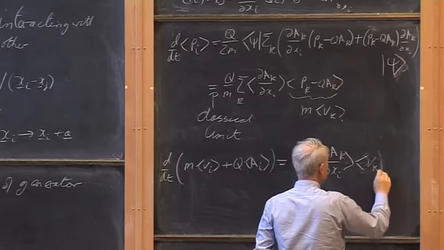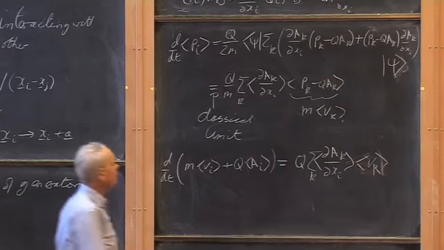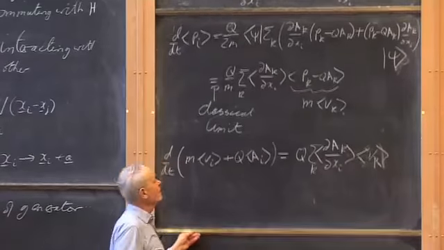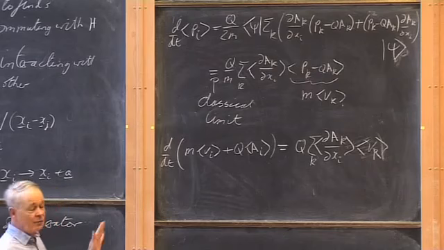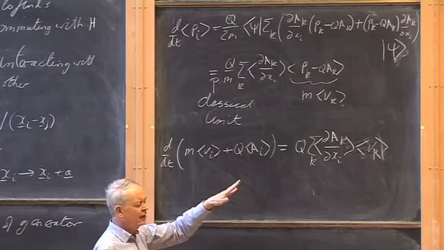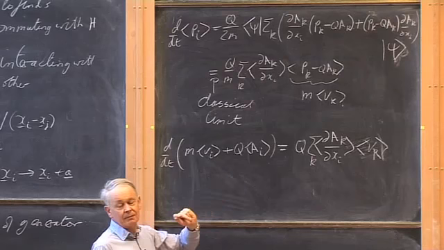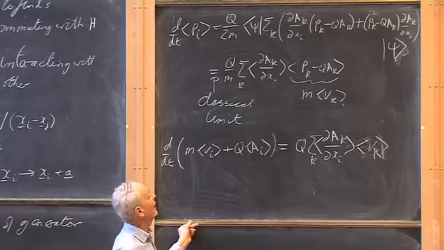We've explicitly gone to the classical regime. Okay, so we're nearly there. What are we trying to get? I'm trying to get that mass times acceleration is equal to v cross B. And it may look as if I'm still some way from that, but it's not so bad, actually.